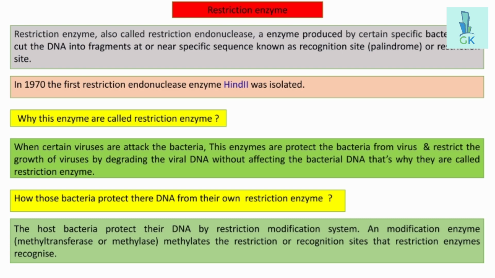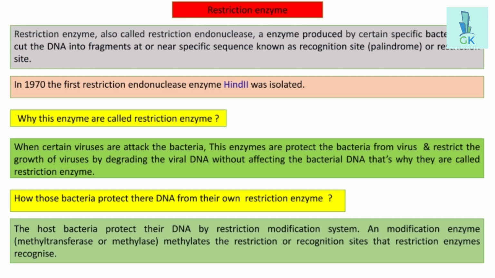What does that mean? It is a type of endonuclease enzyme that recognizes a sequence on DNA, then it can cut the DNA at that specific sequence or near that specific sequence. The first restriction endonuclease enzyme was discovered in 1970 and the enzyme was HindII.